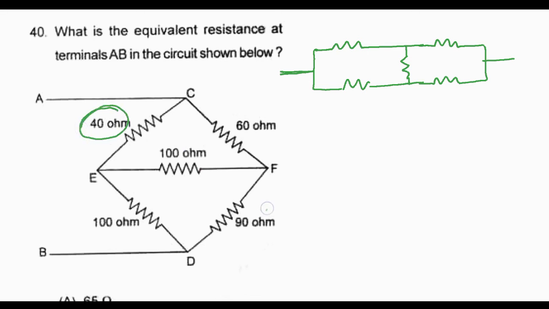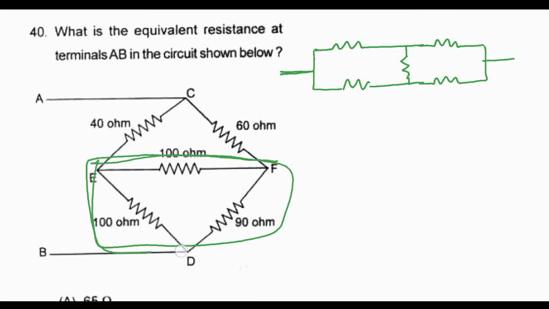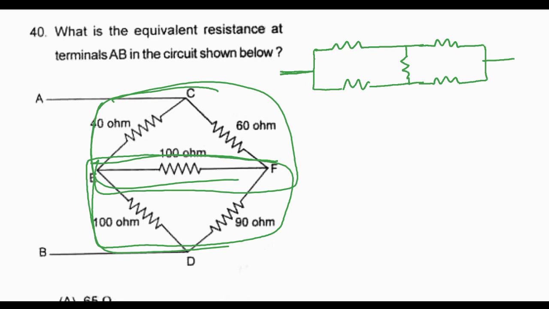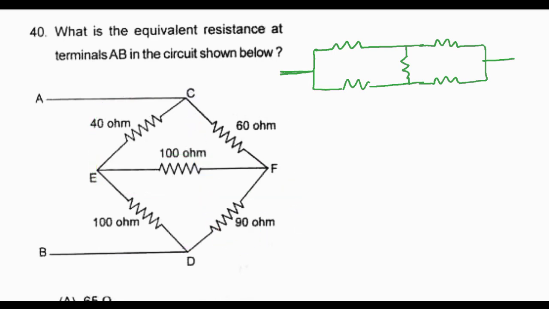That means 40 into 90 would have to be equal to the multiplication of this one. But here 40 into 90 is 3600, whereas this multiplication gives 6000, which is not equal, so it is not balanced. So we have to consider the actual formula and use the delta to star conversion to calculate the equivalent resistance.